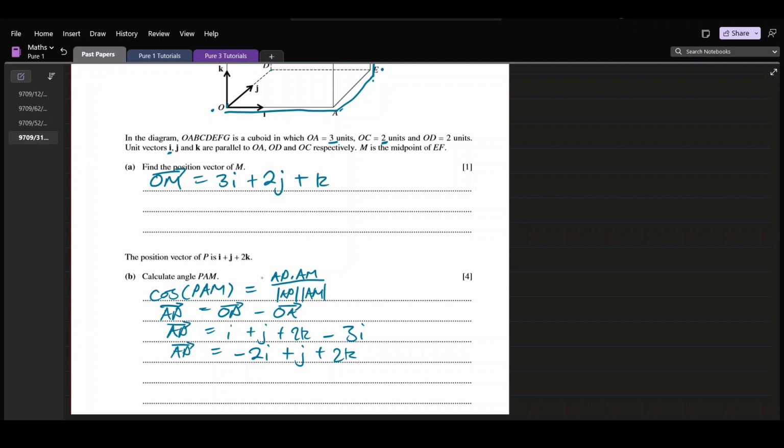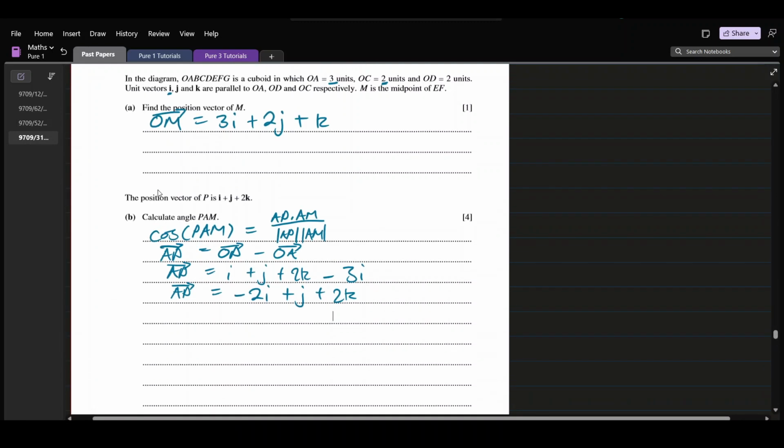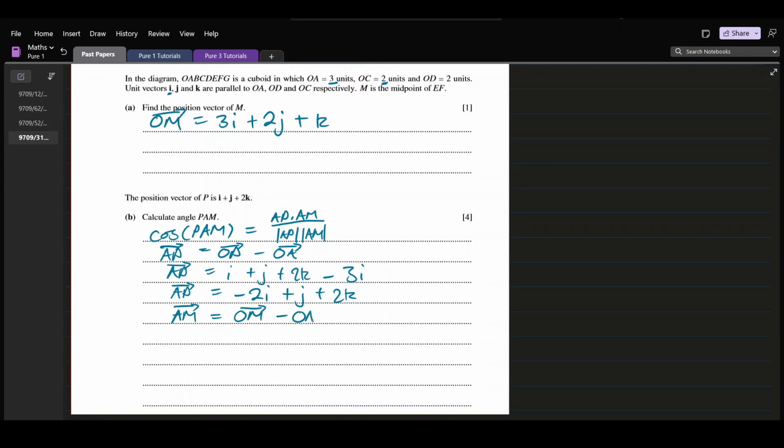And now let's find the displacement vector of AM. So AM is equal to OM minus OA, and OM, we evaluated that in part a, so that's 3i plus 2j plus k minus OA, which is 3i, so AM is equal to 2j plus k.